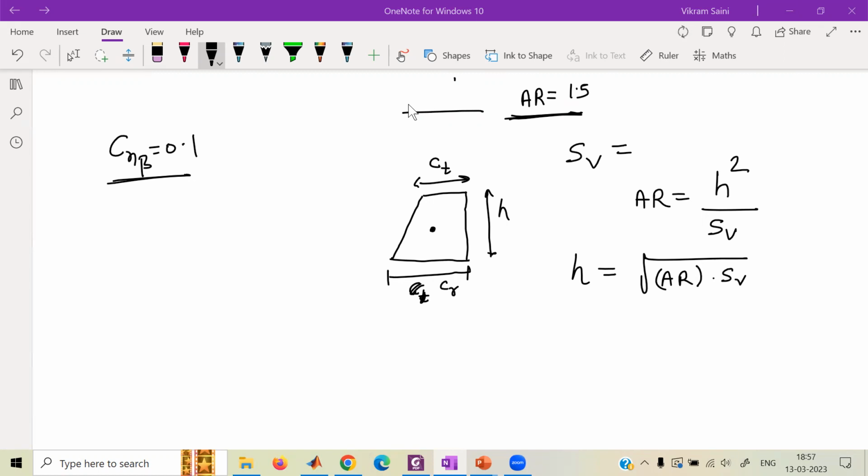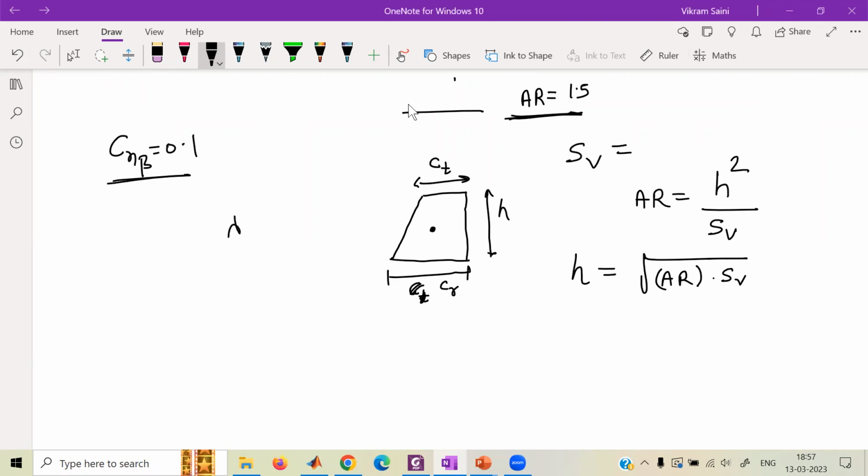Now, how do we find CT and CR? There is something called taper ratio because it's a tapered wing. The root chord is larger, it has to be, and the tip chord is smaller.